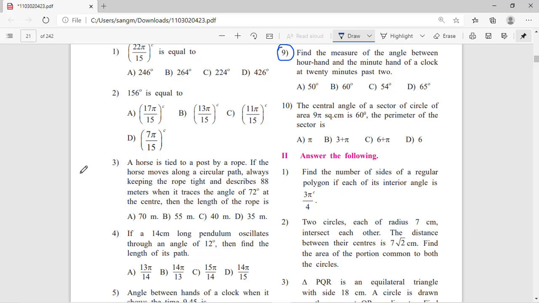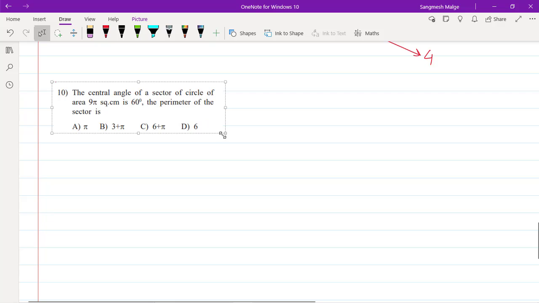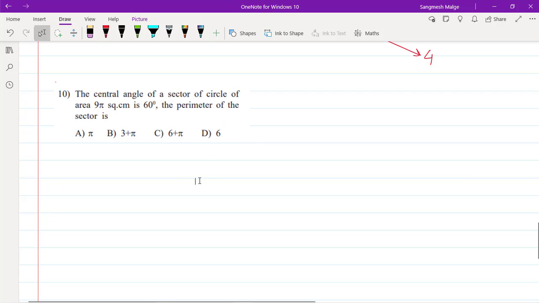Question number 10 says that: the central angle of a sector of a circle of area 9 pi is 60 degrees. Theta is given, and they asked for the perimeter. Rajeshree, can you tell me what will be step number 1?